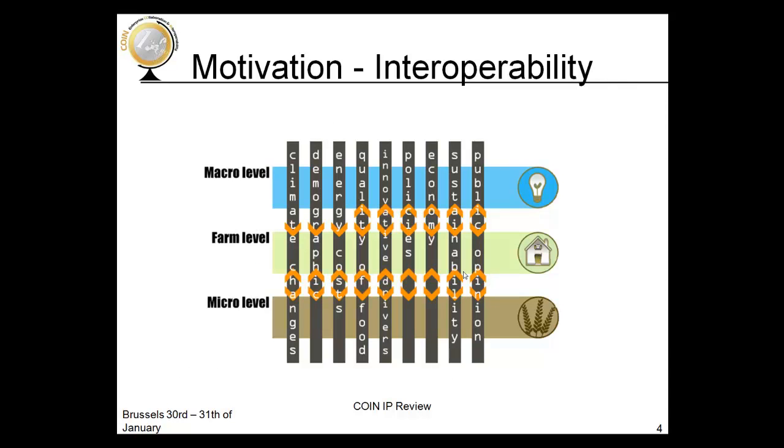We can recognize three levels of information. One is the macro level. It could also be called external information, and this is, for example, information about weather, prices on the market, subsidy regulation, etc. This information is very important for farming decisions.